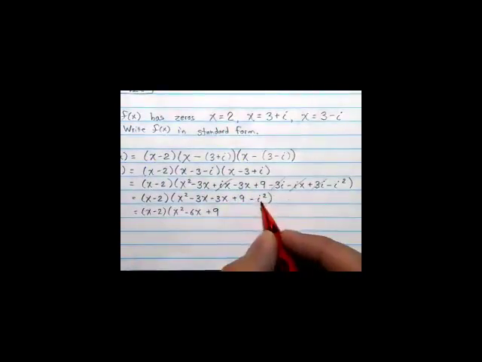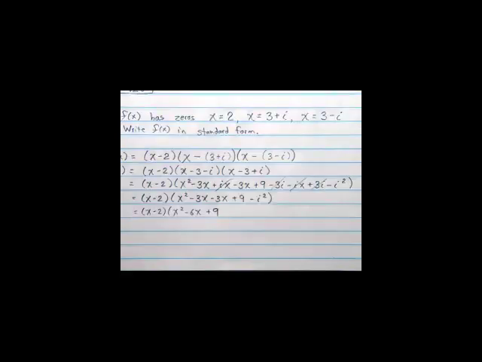Now, what about this i squared? Right. Because remember, i is the square root of negative 1, right? So i squared should just be negative 1. Get rid of the square root symbol, right? So I can take that and turn it into a negative 1, but be careful because it's negative i squared.